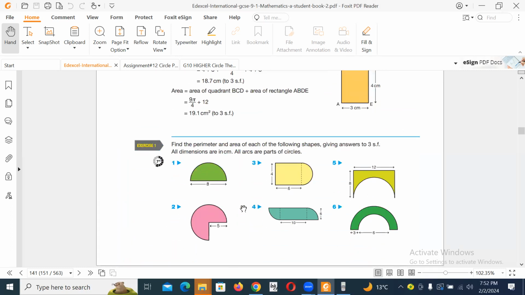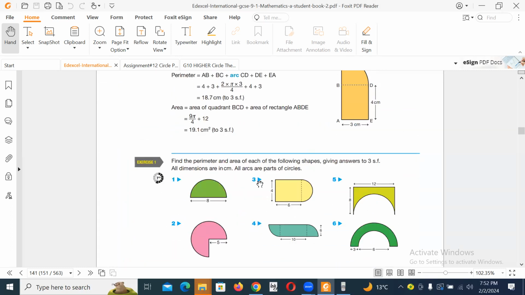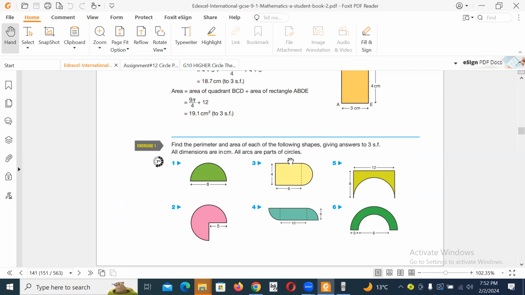So let's have a look at how to solve question 1. They want us to find the perimeter and area of each of the following shapes, giving the answer to 3 significant figures. All dimensions are in centimeters. All arcs and parts of circles are given. So remember 2 more formulas.